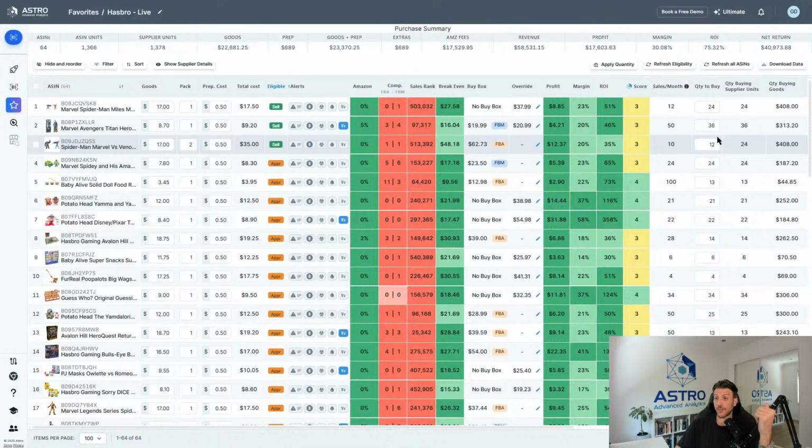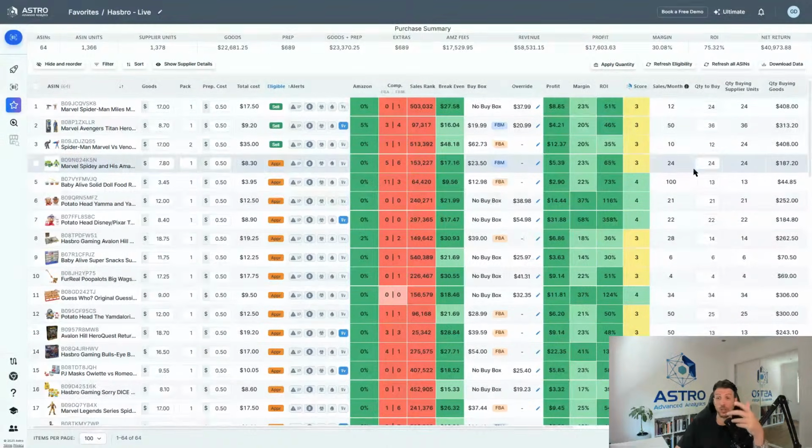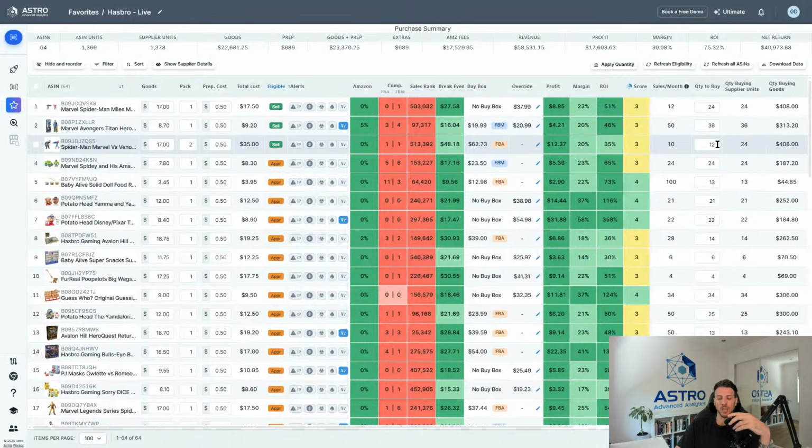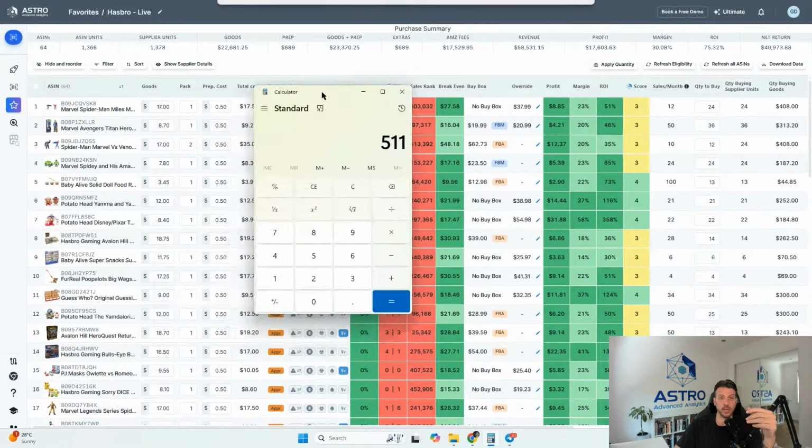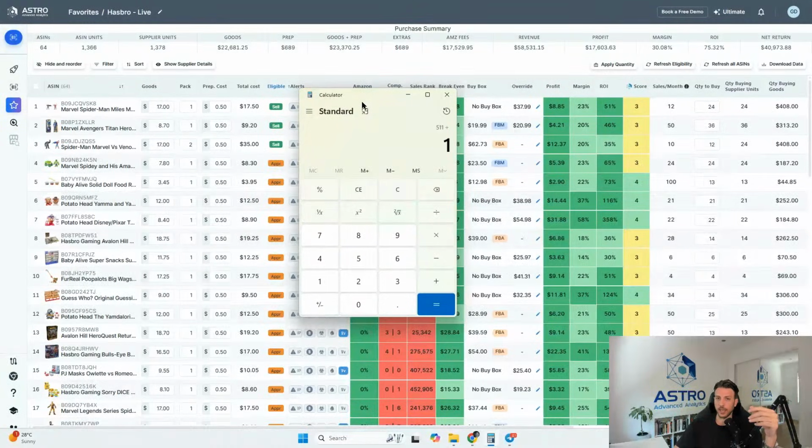That's 72 units. So 72 units may cost like $50, $60 to ship to the prep center. It wouldn't be too expensive because it's not a lot of units. So what would essentially happen in that scenario? I'm still making $512 profit, but I'm spending probably around $1,250 for cost of goods, prep plus shipping. So instead of having an ROI of 45% that I said earlier, my ROI would be 40%. So that's how you factor in shipping.